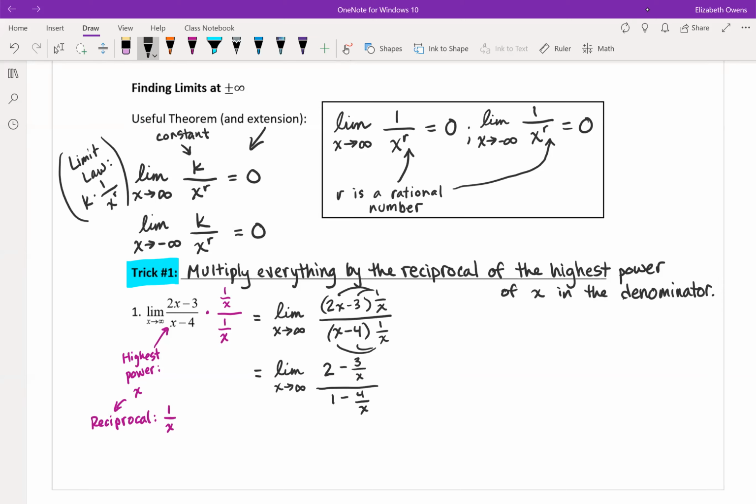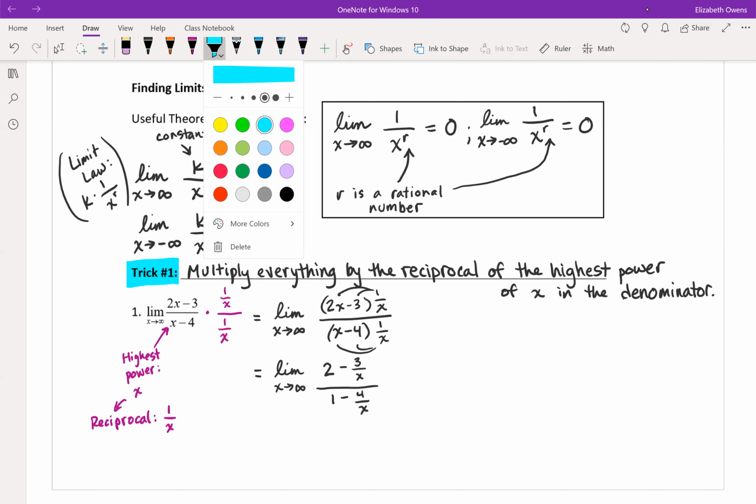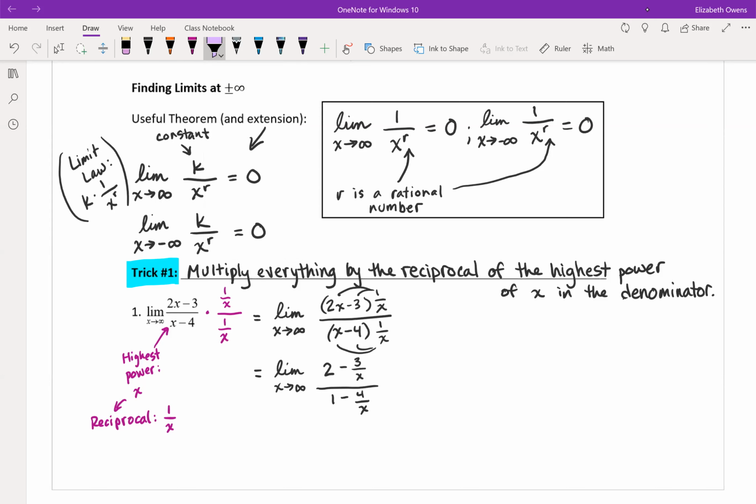Hopefully we can spot our useful theorem and its extension involved here. Notice these expressions, 3 over x and 4 over x. That's a constant divided by x to some power, and we're taking a limit as x goes to infinity.